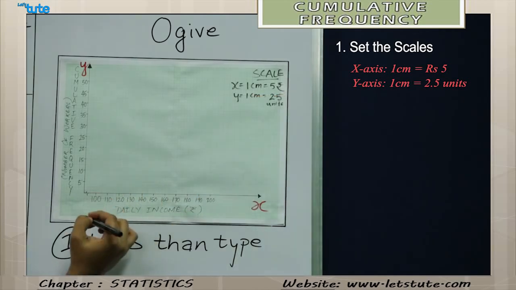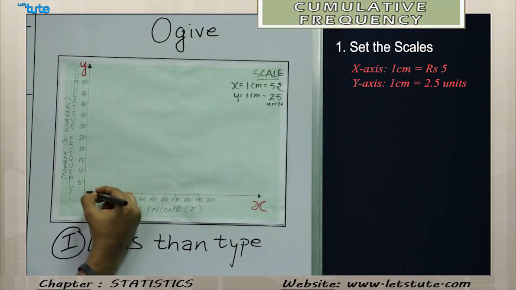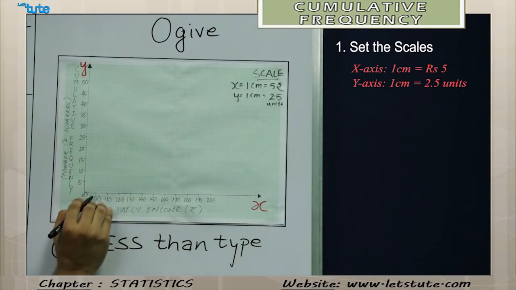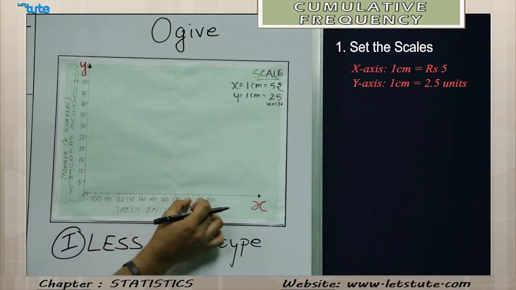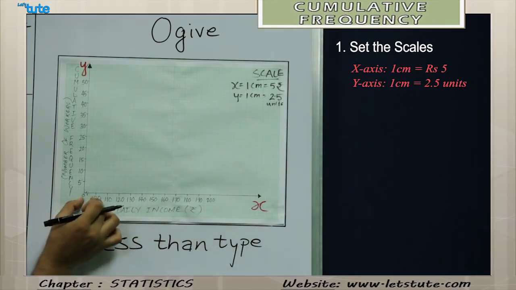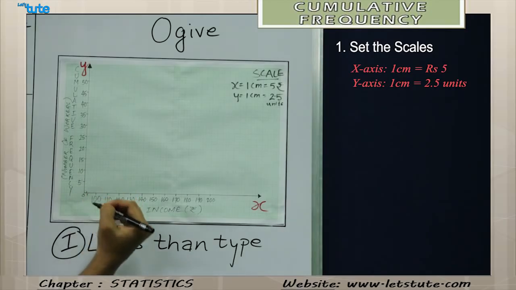Now on our x-axis, if we notice, there is a small discontinuity because we have started the graph right from 100. There is a difference of 20 rupees between every daily income group, but there is a difference of 100 rupees from 0 to 100. So we put a discontinuity here.